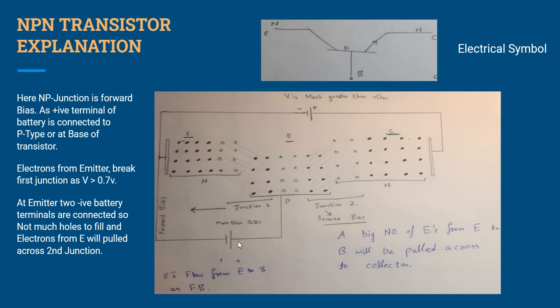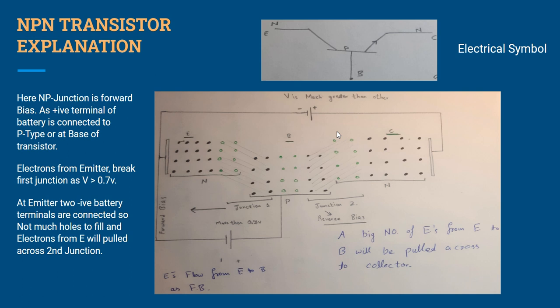When I connect a battery which can provide to this point more than 0.7 volt, then these electrons will be able to break this junction or depletion region, and these electrons will fill the holes at the base here. In this way, the electron flow in this part will be possible, and this is the forward bias junction. Now only this part is working, this part is not working, and this battery is not connected till now.